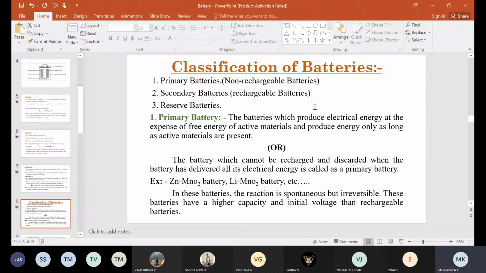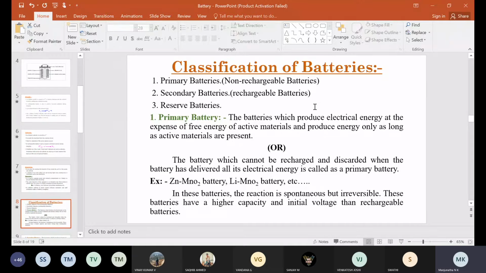Coming to the first one, primary batteries. Primary batteries are batteries which cannot be recharged and are discarded when the battery has delivered all its electrical energy. Means these batteries undergo only a discharging process; they cannot undergo any recharging process.